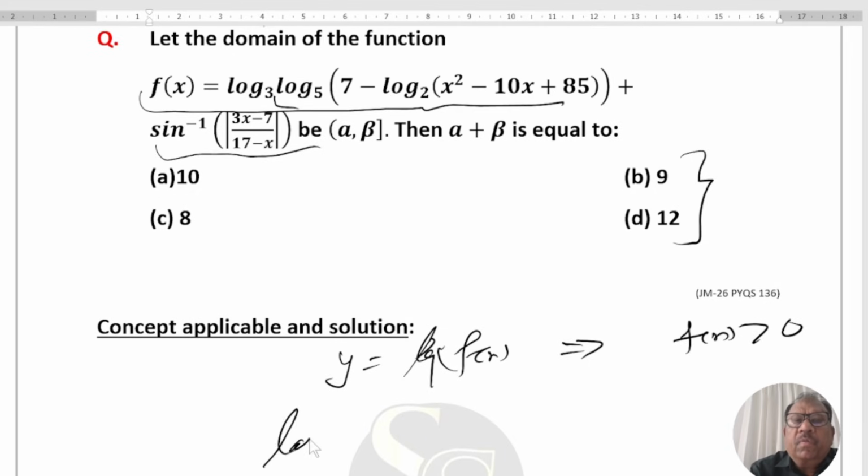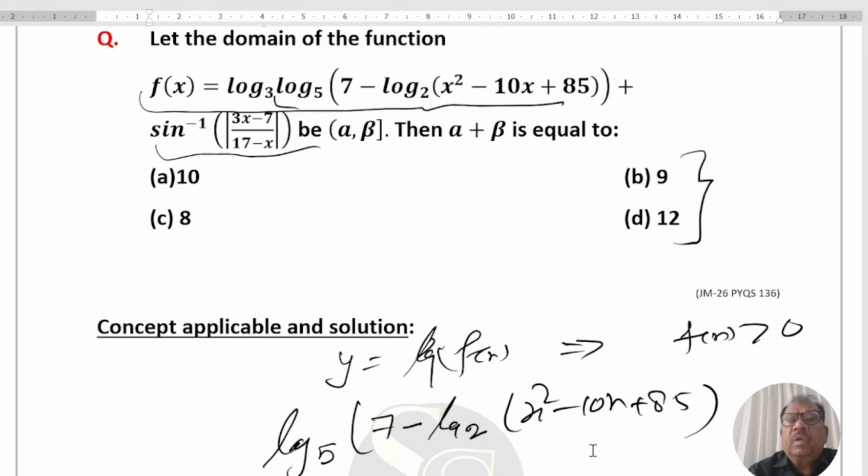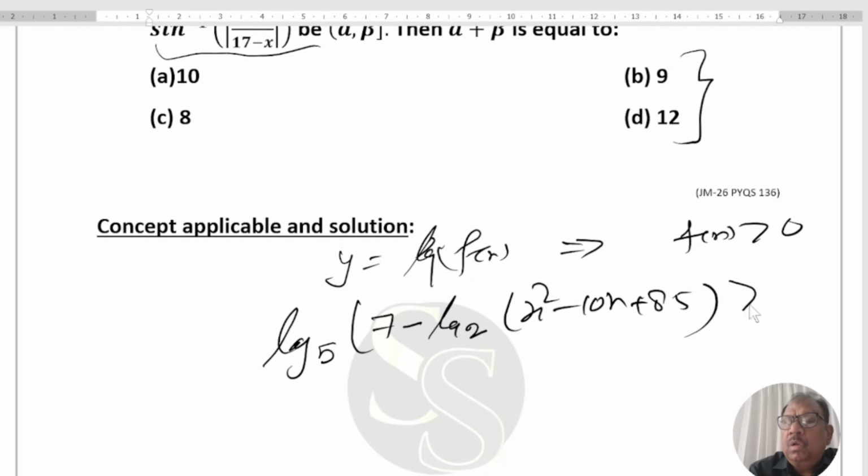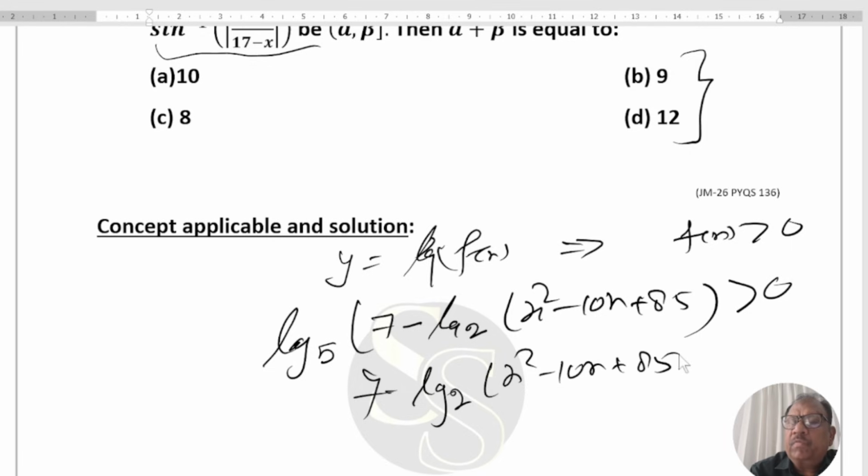Log of 5, 7 minus log of 2, x square minus 10x plus 85. This is f(x) for this, and it should be greater than 0. Means 7 minus log of 2, x square minus 10x plus 85 greater than 5 to the power 0, that is 1.